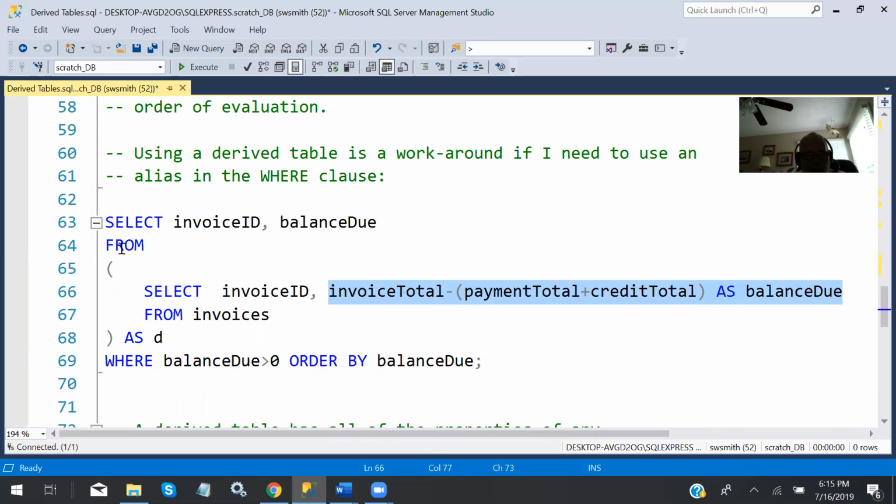So it comes into existence, as far as the outer query goes, on the from line. So at this point, balance due exists. And the select line says select invoice ID, balance due from this table. Now I can use balance due on the where line.